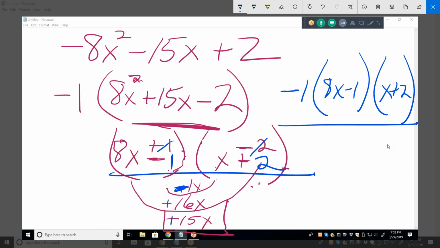If you're solving an equation where that thing's equal to 0, then your -1 is kind of superfluous. You don't need it, because the very next step, you're going to divide both sides by -1, eliminating it. And then you just have 8x minus 1 times x plus 2.